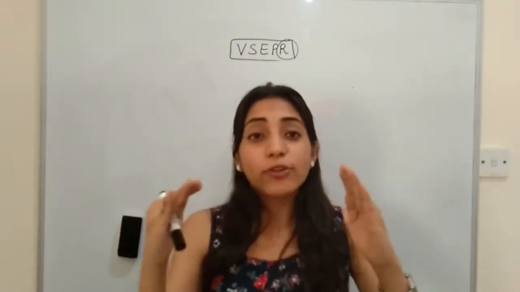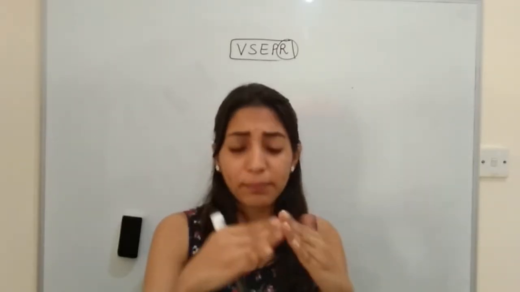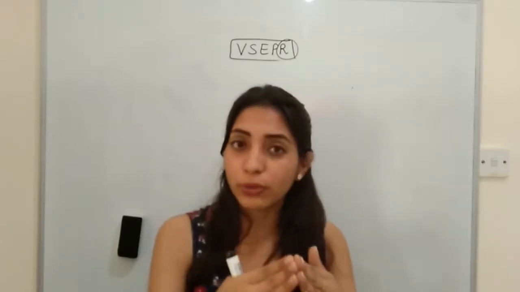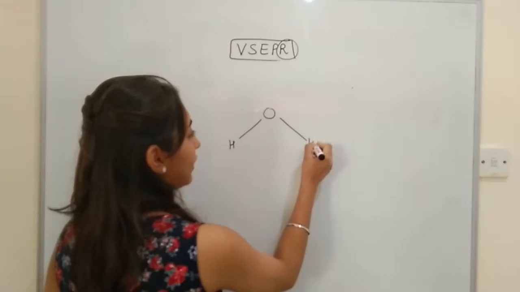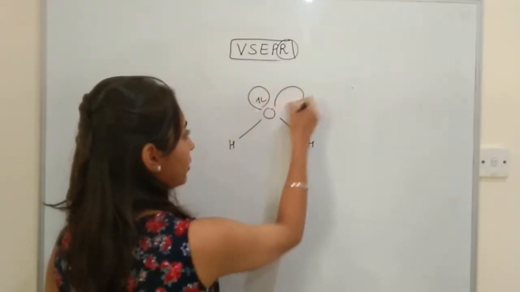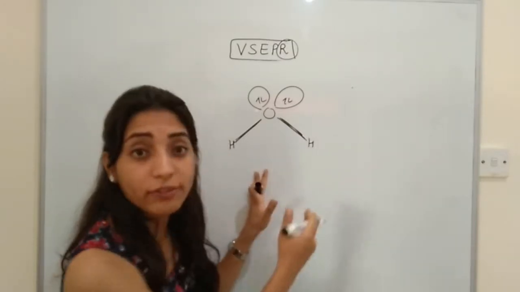Now they will try to come close to each other, but they can come close up to a maximum length only. If they come more close to each other, let us say this is the structure, if these 2 electron pairs come more close to each other, there will be repulsions.